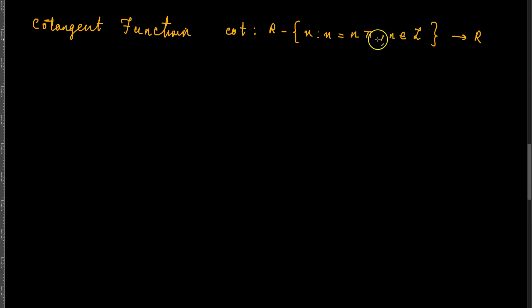So n times pi, with n belonging to the set of integers, means 0 times pi, 1 times pi, 2 times pi, 3 times pi, and so on all the way up to n times pi.